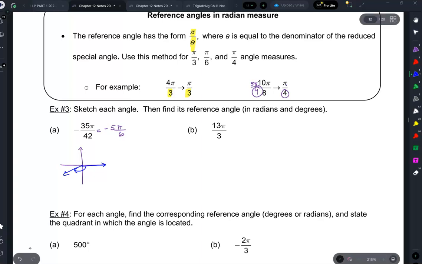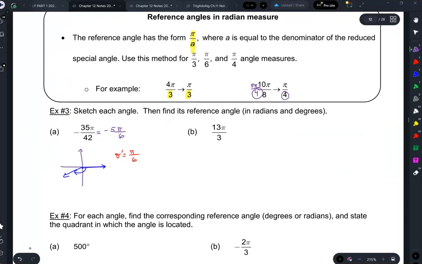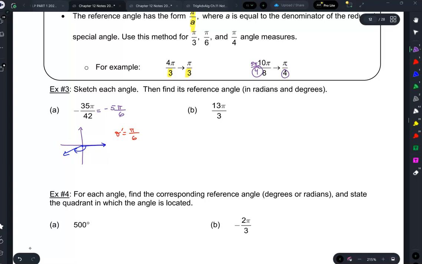Now the reference angle, I don't even need to think about it. It's just pi over that same denominator. Okay, 13 pi over 3. I'm going to skip the sketching, we're going to do more sketching next time. The reference angle is just pi over 3.